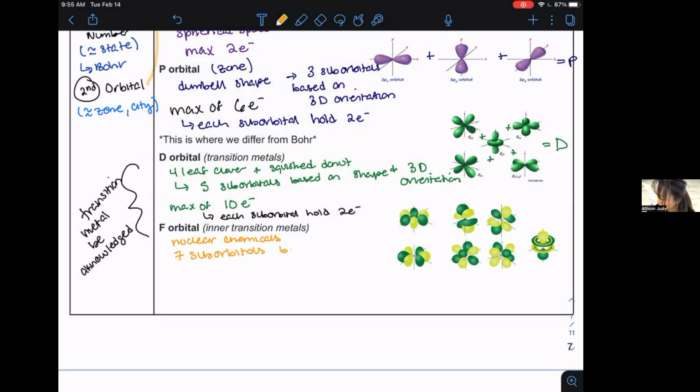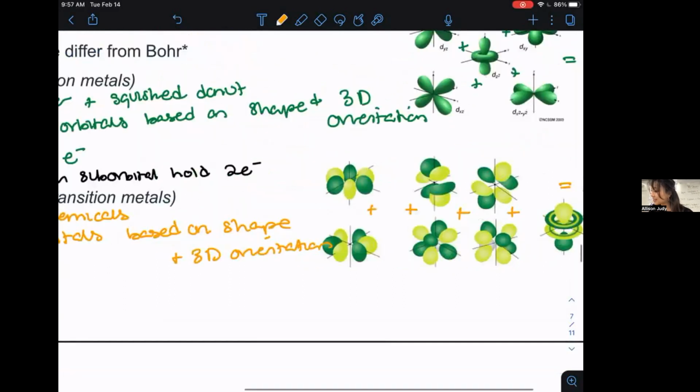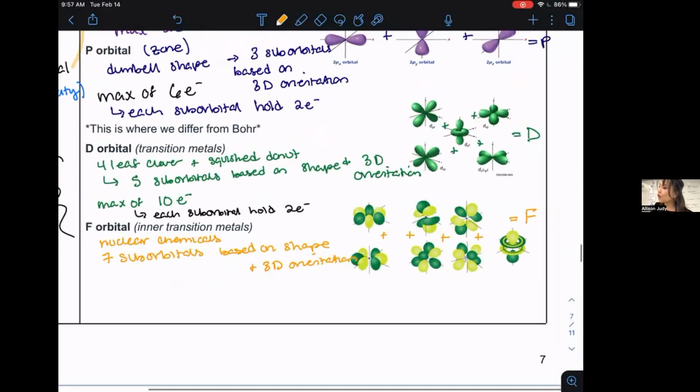Okay. Based on shape and 3D orientation, this plus this plus this plus this plus this is equal to the F block. All of those together equal the F block. And look how weird it gets. What is this? We don't know.